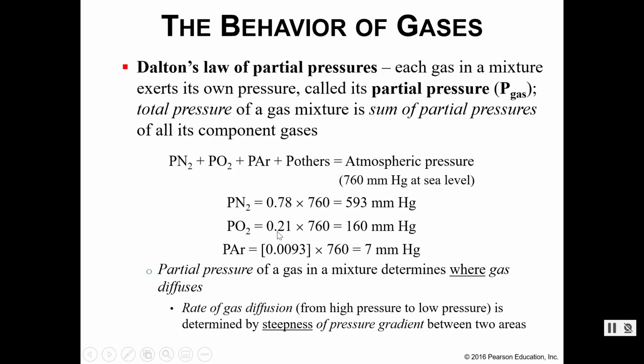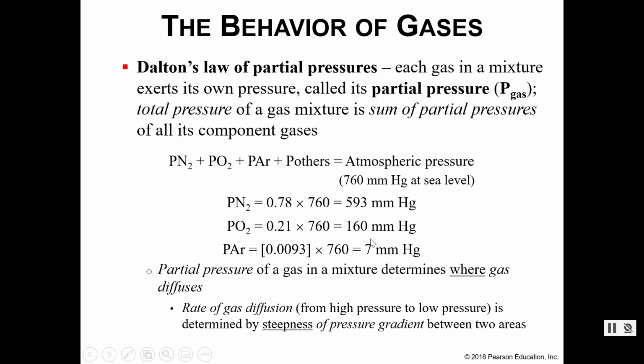This would equal 100%. Now, each of those, so our partial pressure of nitrogen, if air is 78% nitrogen and our overall pressure is 760 millimeters of mercury, then nitrogen's partial pressure would be 593 millimeters of mercury, and so forth and so on for the other two as well.